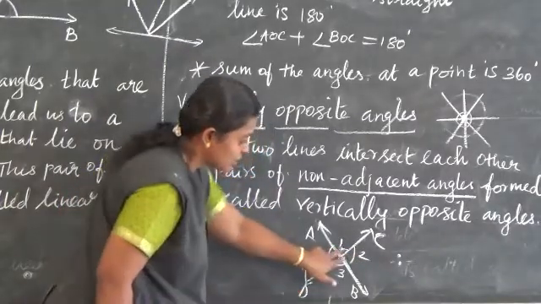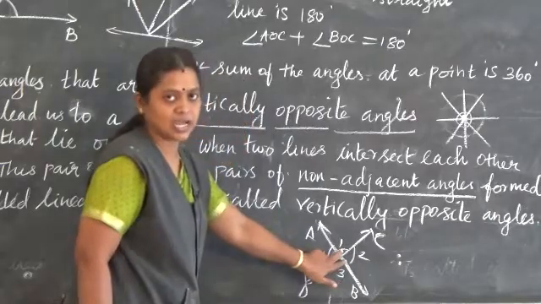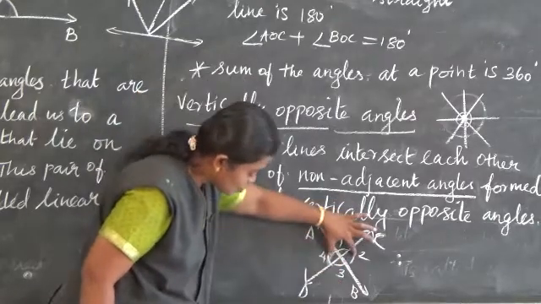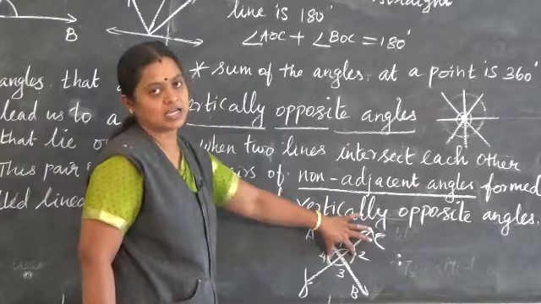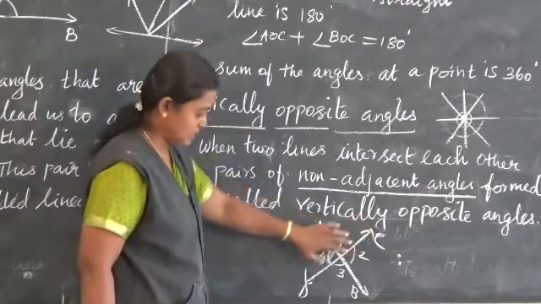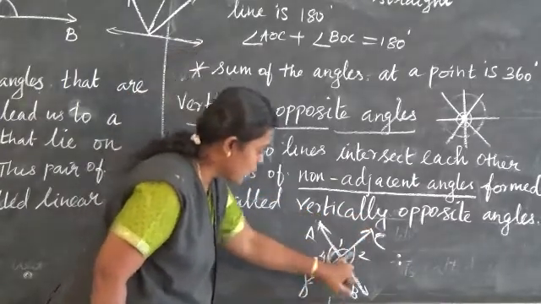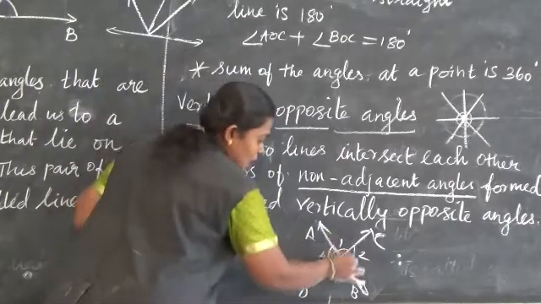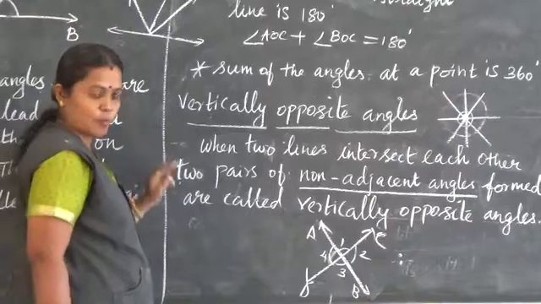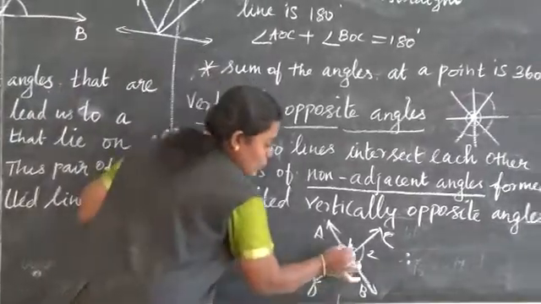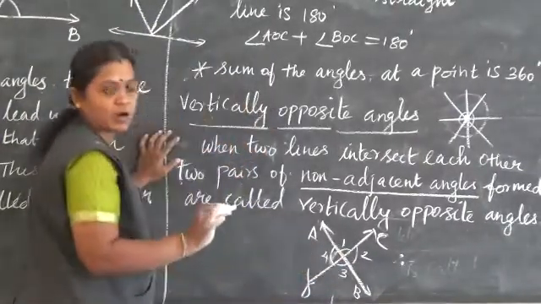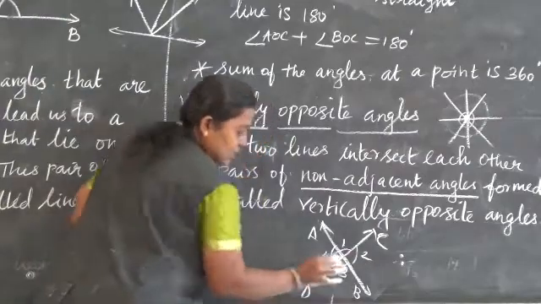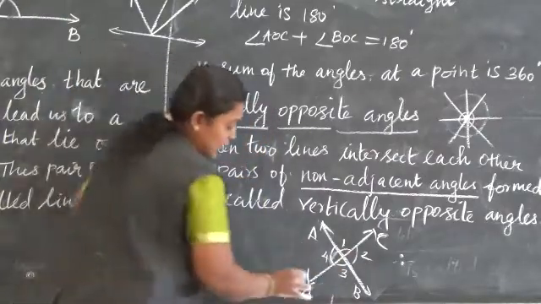You can't say these two are opposite angles, because those are adjacent. Only non-adjacent angles count. So 2 and 4 are vertically opposite angles. Then 1 and 3 are vertically opposite angles. You can't say 1 and 2 are vertically opposite angles, nor 2 and 3, nor 3 and 4.